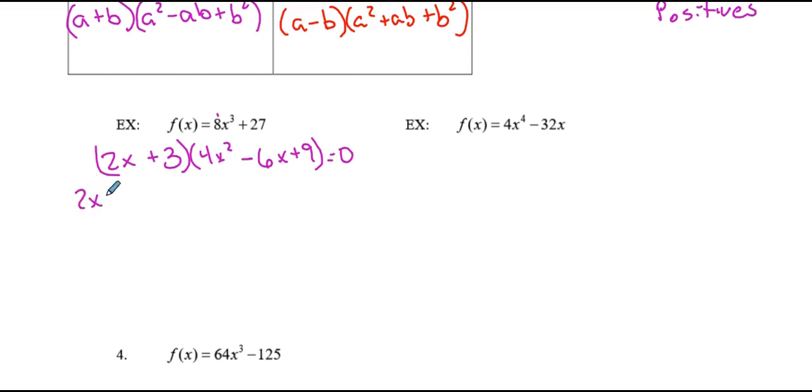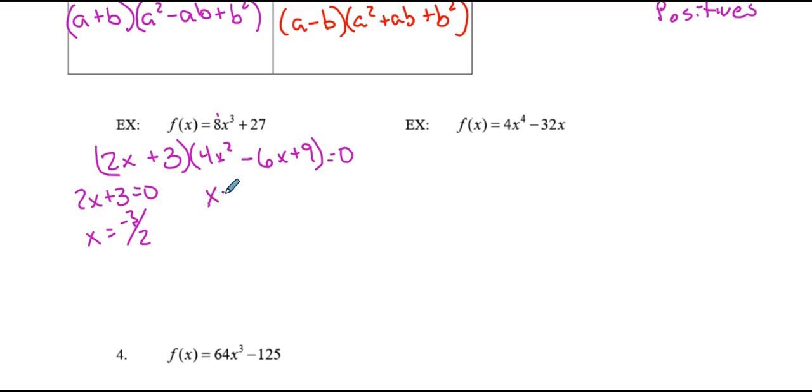Now the nice thing about this is that the first one is just going to be a regular real solution, so x equals -3/2. The second one is always going to be imaginary. So if we're asking you for real solutions, that's going to be our answer. If we're asking you for all solutions, then you're going to have to use the quadratic formula for this.